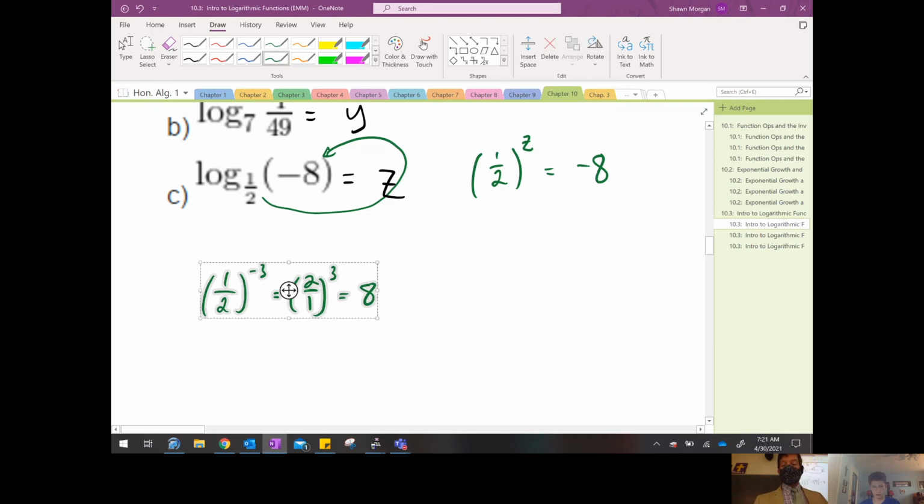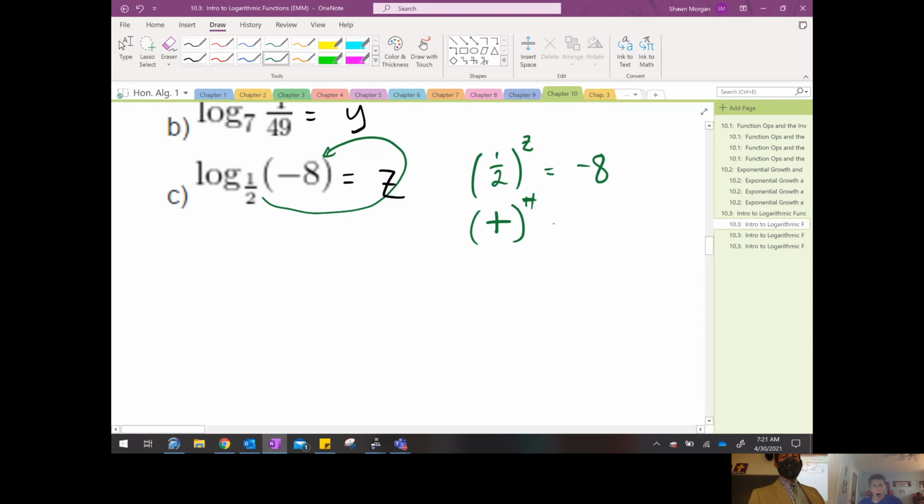So if you consider what I just said, that a positive number like 1/2 raised to any number cannot equal a negative, it cannot equal, in this case, -8.